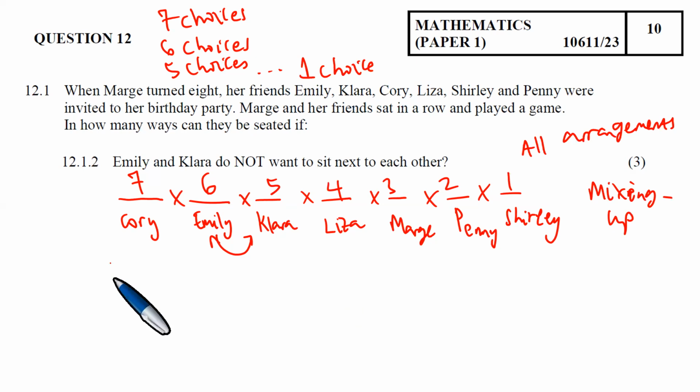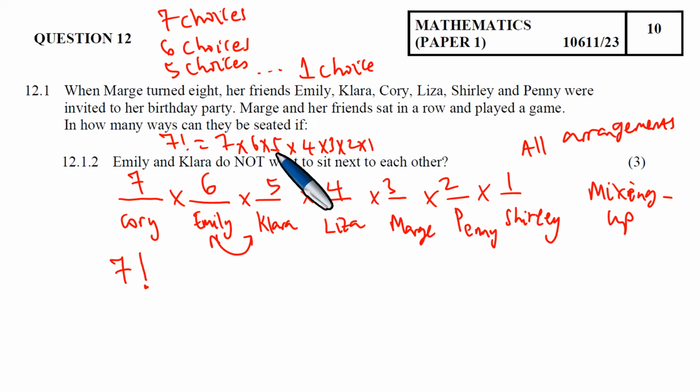So which means that if we're mixing them up here, there are 7 factorial ways of ordering these. 7 factorial is 7 times 6 times 5 times 4 times 3 times 2 times 1.